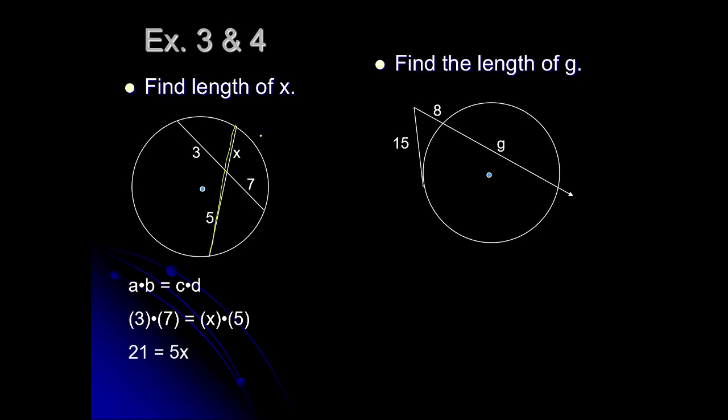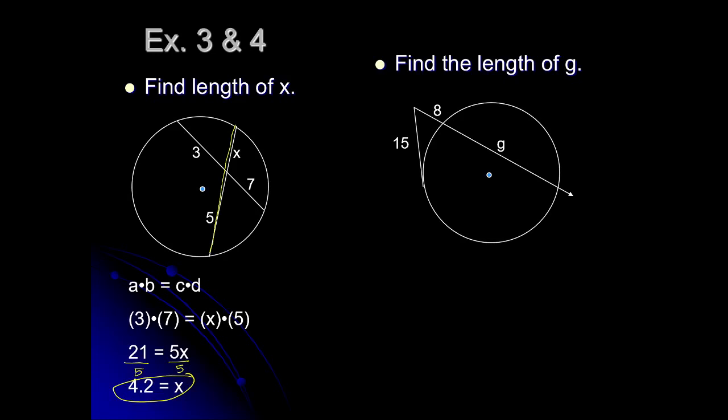So you will get 21 is equal to 5x. Dividing both sides by 5, you will get 4.2. So the value of x is 4.2. Questions about the first example?